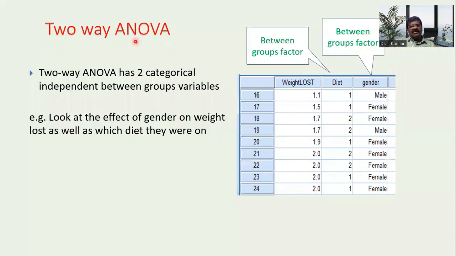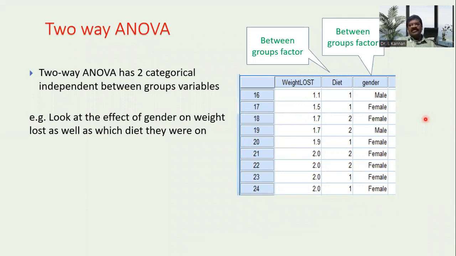And you have another ANOVA, which we call two-way ANOVA. Here you can see the table with 2 independent variables, one is diet and another one is gender. You want to see the influence of diet as well as gender on weight loss. This type of data is used when you want to compare 2 independent variables with one dependent variable.